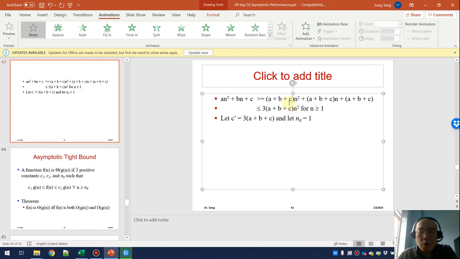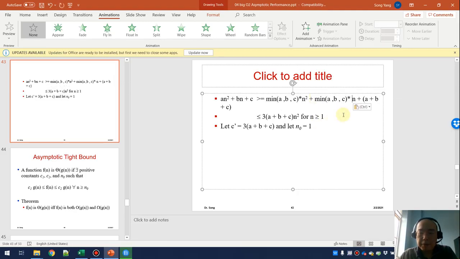And this time, instead of doing a plus b plus c, I use min(a, b, c) multiplied by n squared, then min(a, b, c) multiplied by n, and the min of a, b, c.